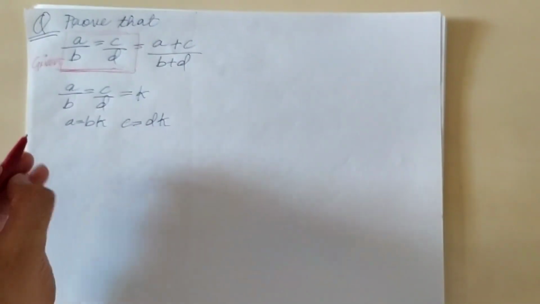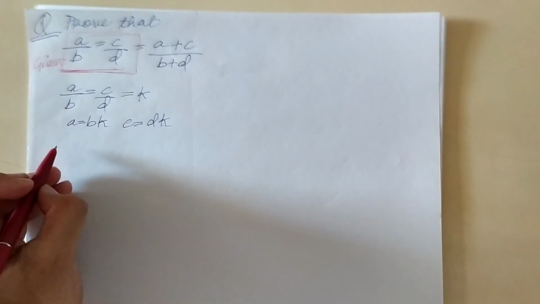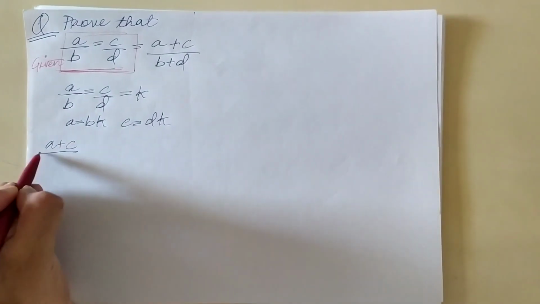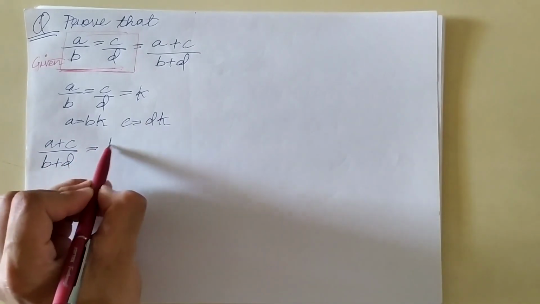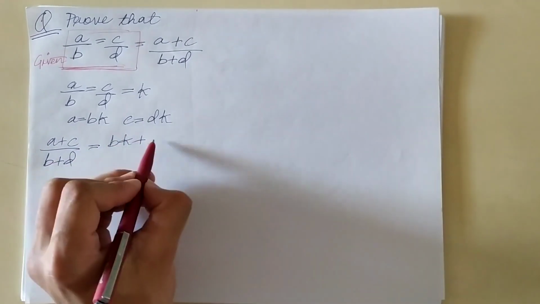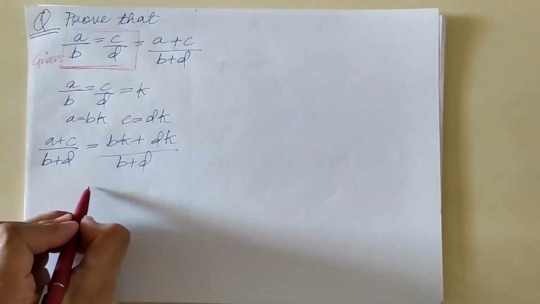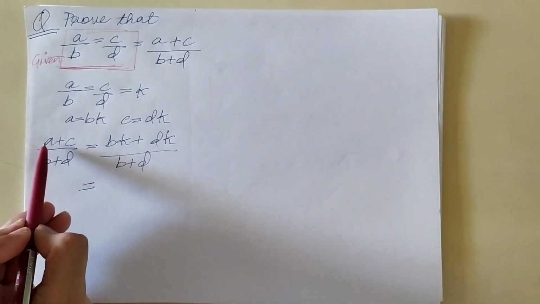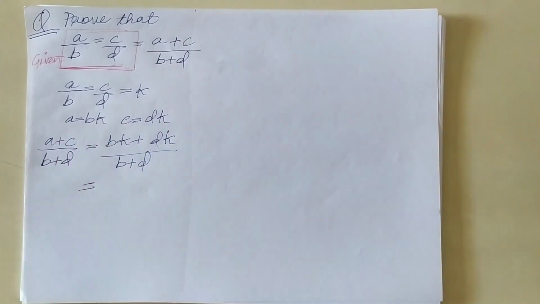Now putting these values in A plus C upon B plus D, that will be BK plus DK upon B plus D. Here I have put the values of A and C as A is equal to BK, C is equal to DK.